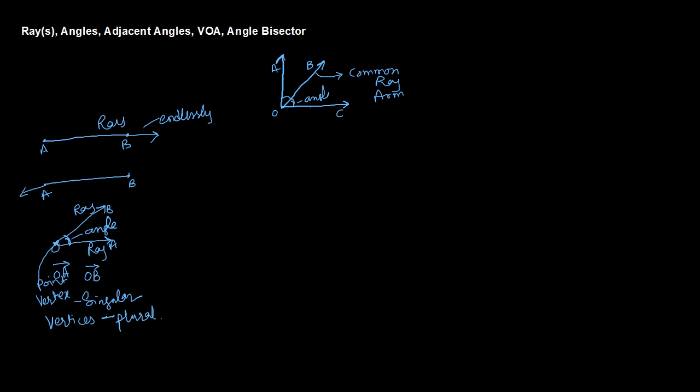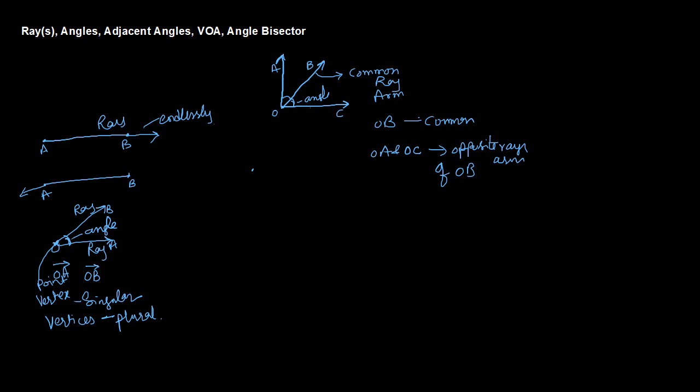These two rays are on opposite sides of this ray. So OB is the main ray, the common one, and OA and OC are opposite rays or arms of OB. They are on opposite sides.